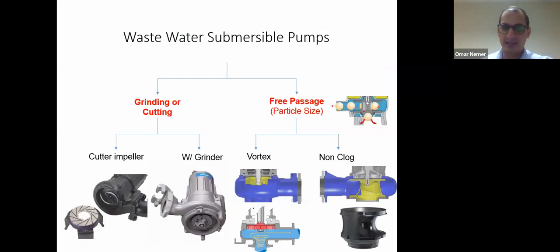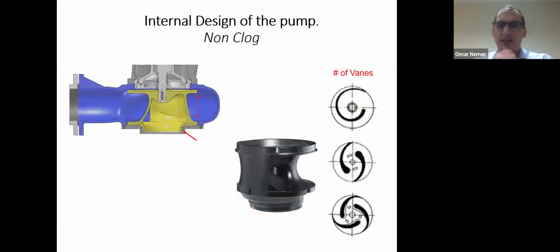Now, again, for the types, let us explore the internal design and how it affects and lowers the efficiency of the submersible pumps. For example, the non-clog pumps, as we said before, have a big passage in the impeller.